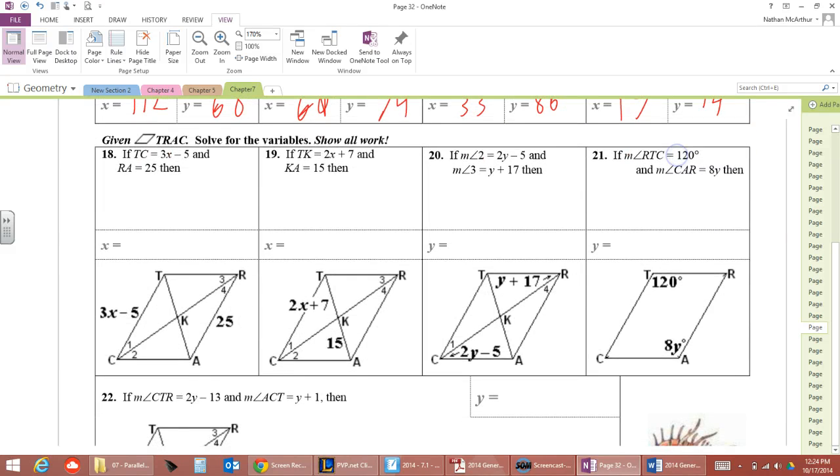So, given a quadrilateral, more specifically a parallelogram TRAC, solve for the variables and show all your work. TC equals 3x minus 5, and RA is equal to 5. Then, notice how I'm not giving you a picture.